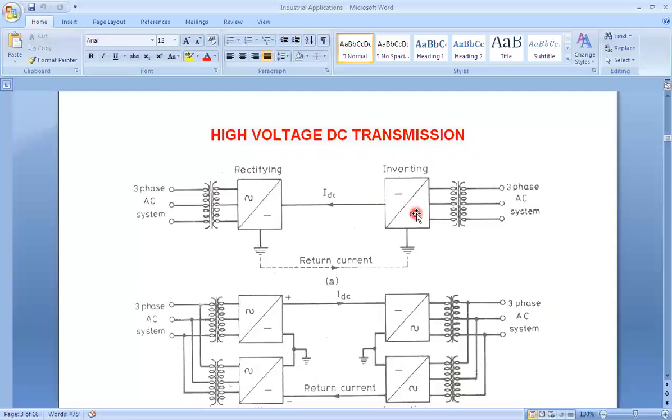As all our loads are AC loads, the output of this inverter is connected with the three-phase AC supply system. But here the return path is either through ground or through sea only. As the return path is through ground or sea, it leads to higher conduction losses and large potential gradient in the supply. Therefore, it is generally not preferable.